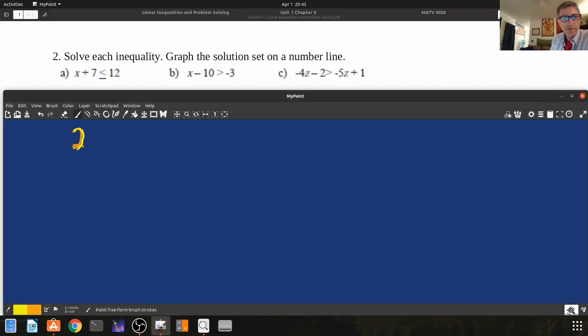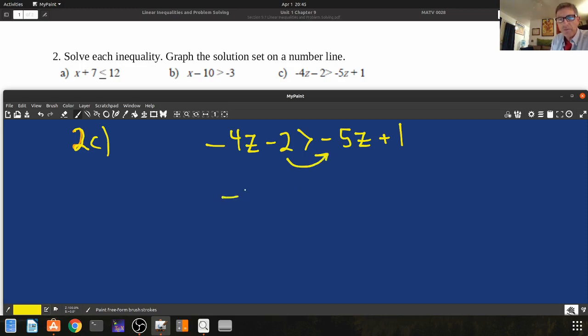So let's do 2c. So I have minus 4z minus 2 is greater than minus 5z plus 1. So the first thing I'm going to do is move the 2 to this side.